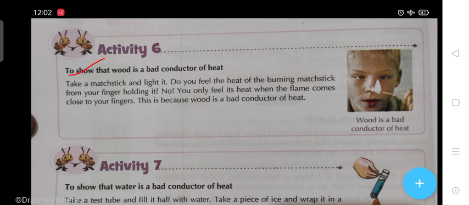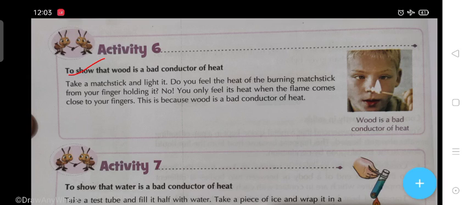Take a matchstick and light it. Do you feel the heat of the burning matchstick from your finger holding it? No, you only feel its heat when the flame comes close to your fingers. This is because wood is a bad conductor of heat.